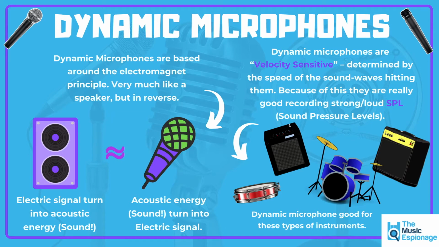Dynamic microphones are velocity sensitive, which basically means it's the speed and the power, the sound pressure level that hits the diaphragm of the microphone, that means they send a stronger signal as an electric current. So these types of microphones are really, really good when you've got something loud like a snare drum or a guitar amplifier that you're wanting to record.